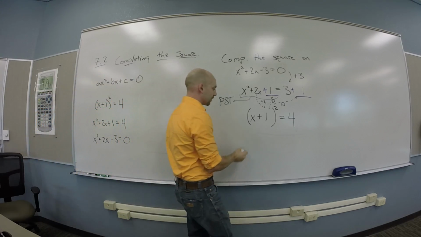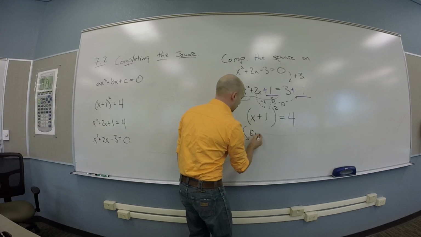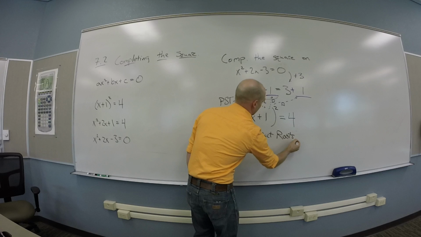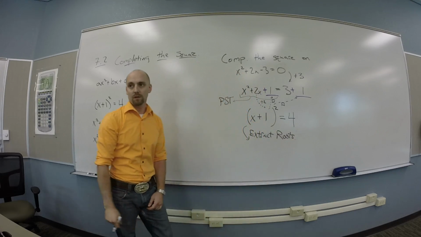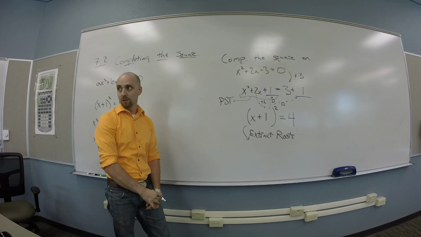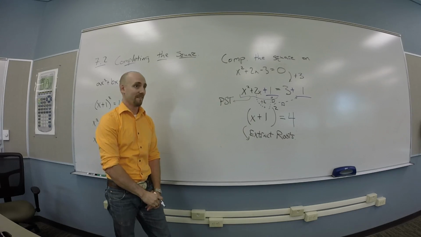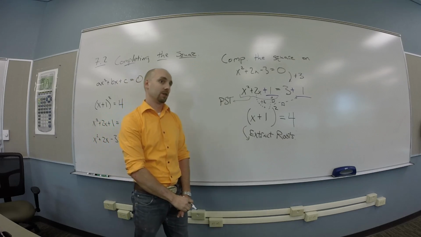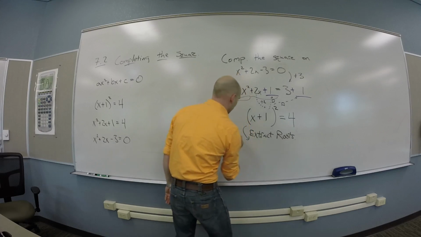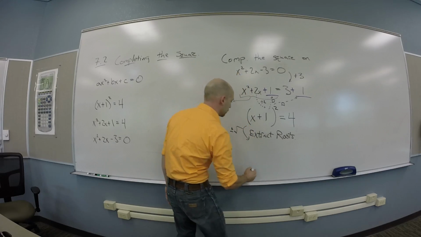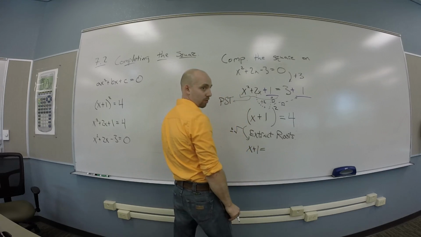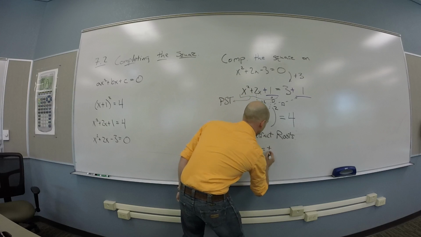So now I can solve this by extraction of roots, right? Cool. Should we remember extraction of roots since we just learned it? So what do I do to extract roots? Square root of both sides. So we plus or minus square root both sides. So we get x plus 1 is plus or minus 2.